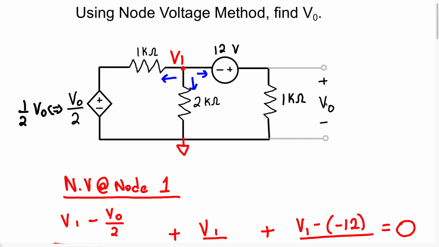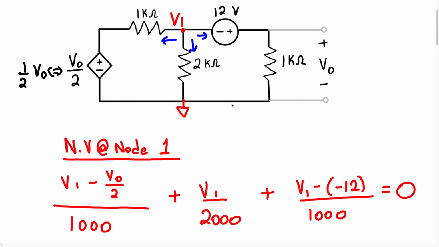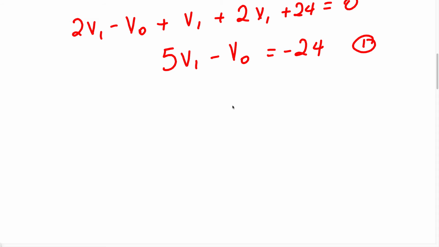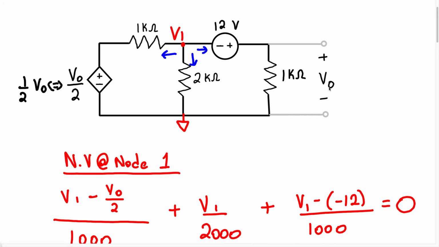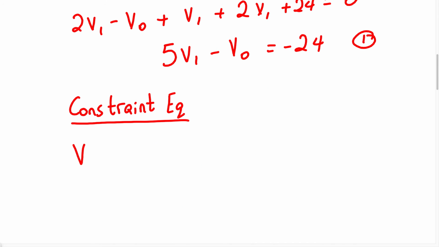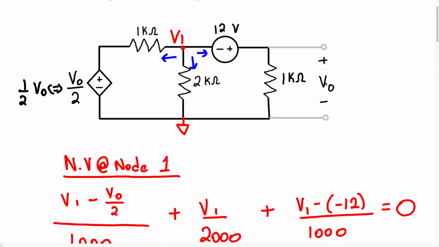Now to write the constraint equation for VO, because the positive terminal of this voltage source is connected to this 1K resistor, I'm just going to take the voltage VO to be at a higher potential than the voltage V1, because V1 is connected to the negative terminal. So when I write this constraint equation now, I'm going to write it as VO minus the voltage at node 1.